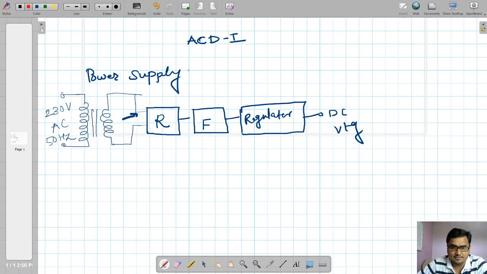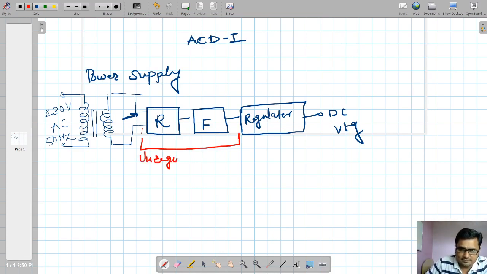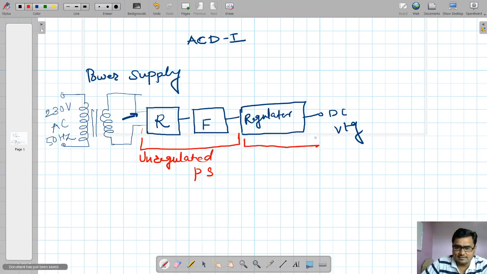The first chapter is only rectifiers and filters. What is it called? It is called unregulated power supply. And the regulator is included as a second chapter. And what is it called? It is called regulated power supply.